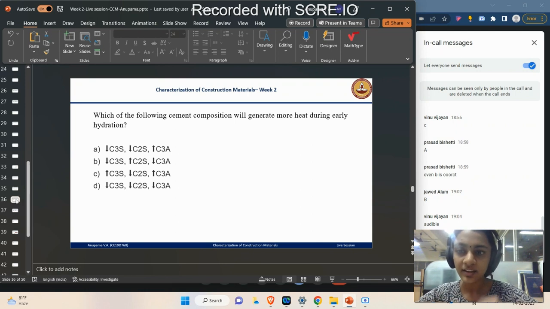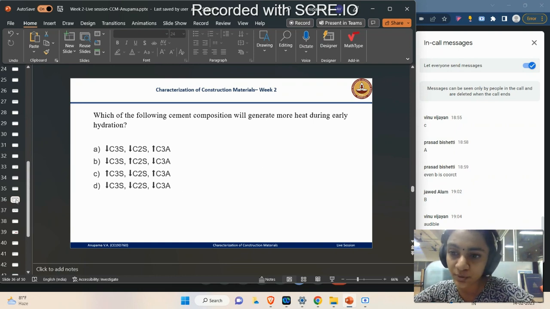The options are: less C3S, less C2S, and more C3A; or less C3S, more C2S, and less C3A, which is just the opposite of option A; then option C, more C3S, less C2S, and more C3A; and the last option, less C3S, less C2S, and less C3A. Here the question is about the early hydration heat release.